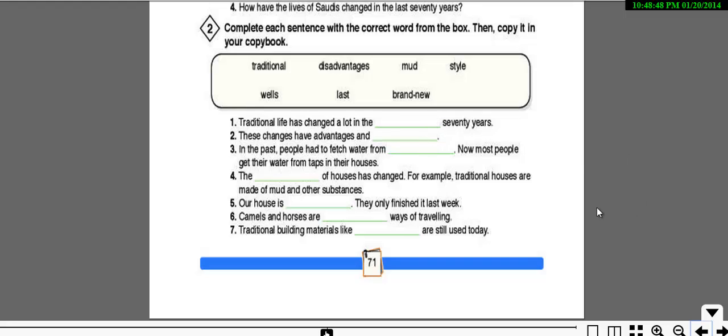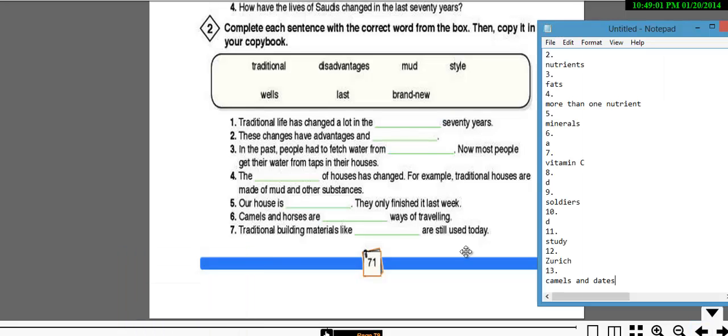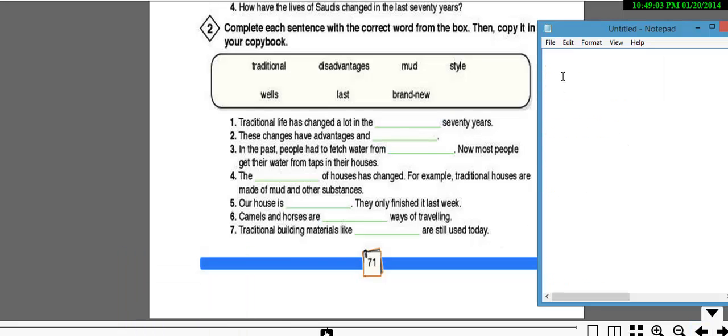And that's really effective. Traditional life has changed a lot in the last 70 years. You can say last. These changes have advantages and disadvantages, which means the other way around.